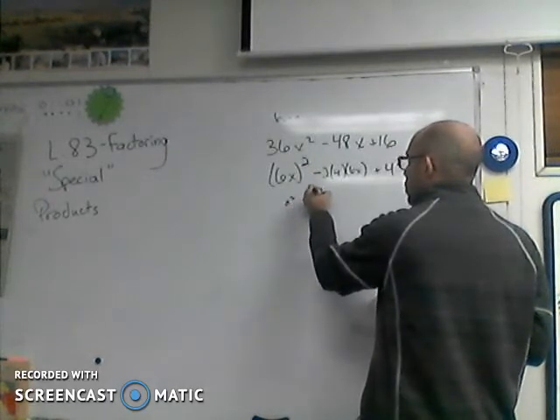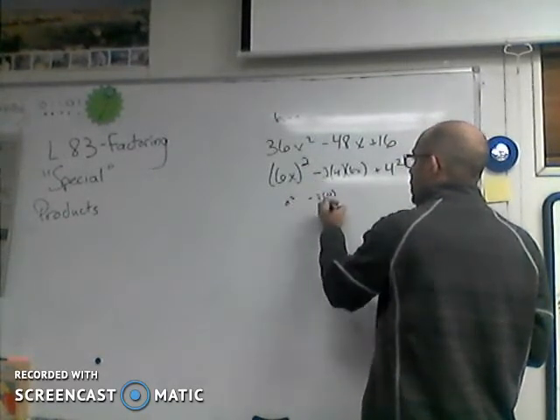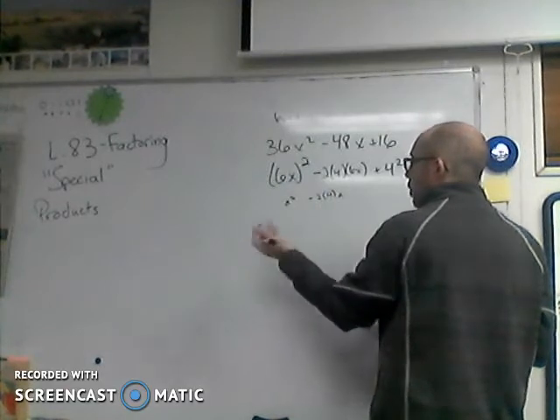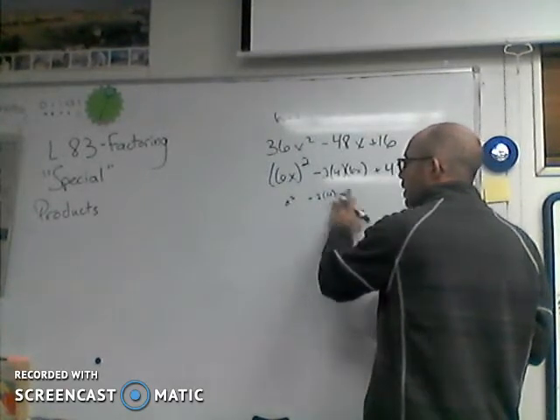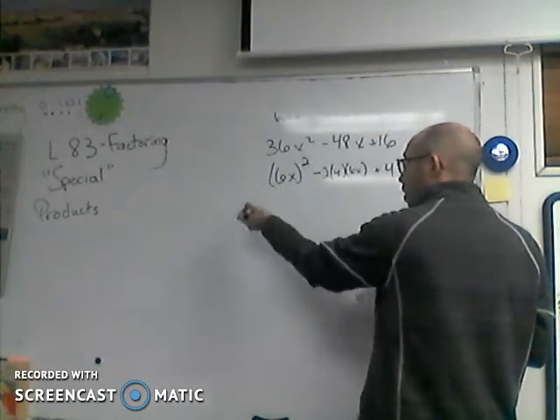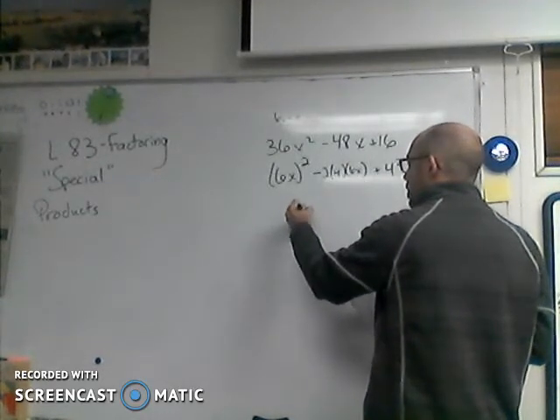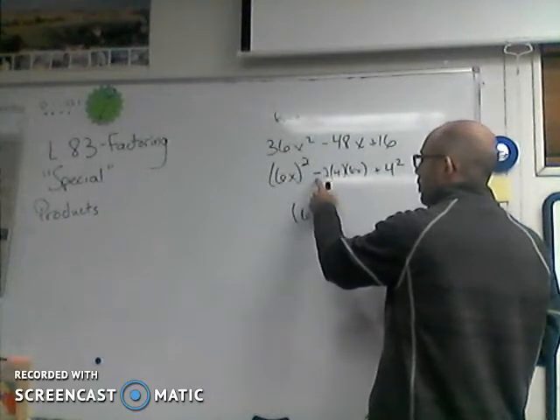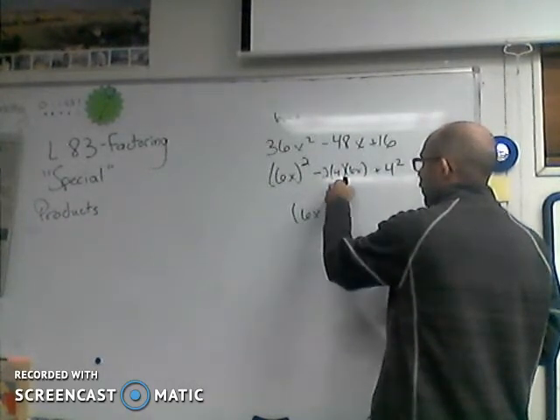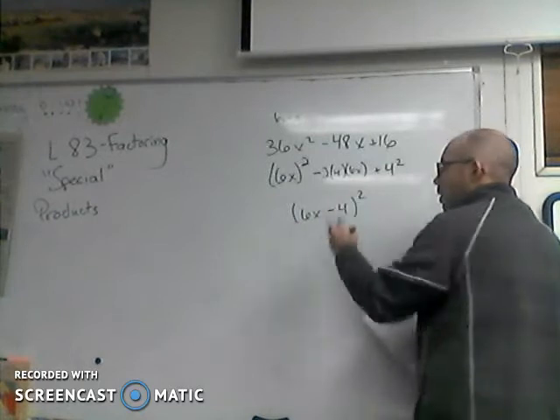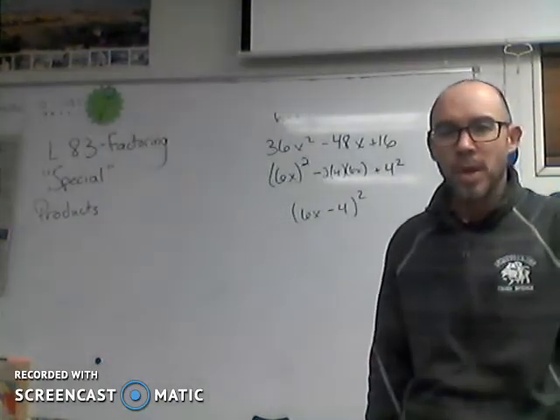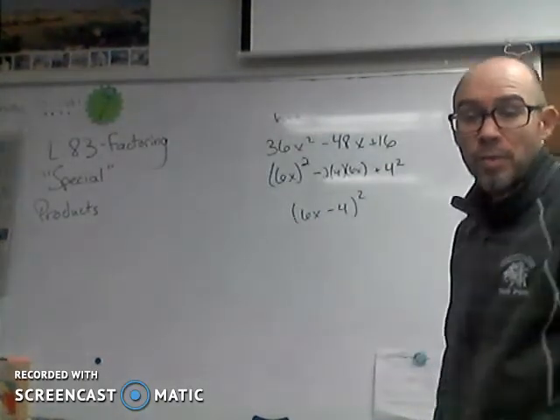And I'd have minus 2 times that perfect square times a. Well, that's no different, right? I'm just going to replace that a with a 6x. So it does fit the form. It tells me that the first number is a 6x, and the second number is a minus 4. There's a factored form for that problem right there. That's one of the factored forms.